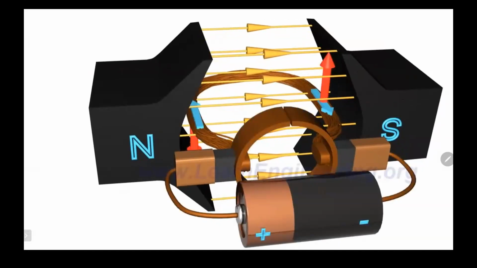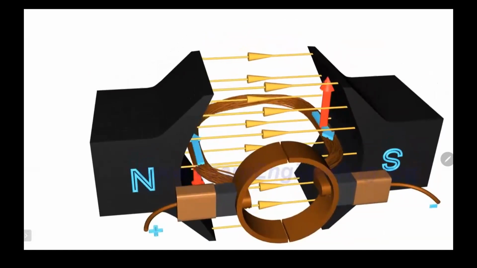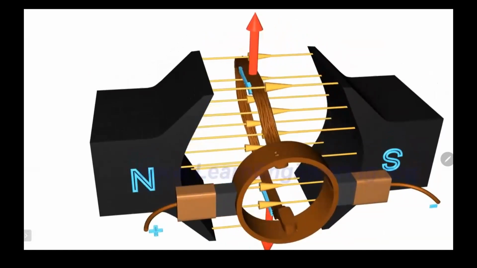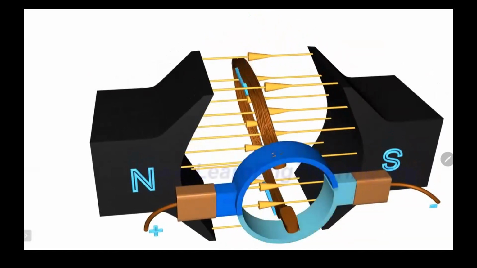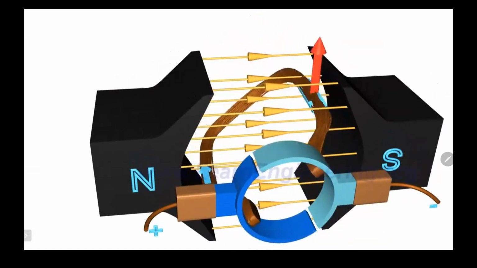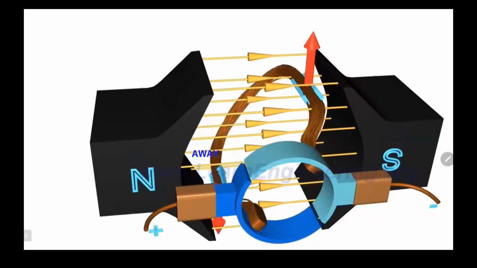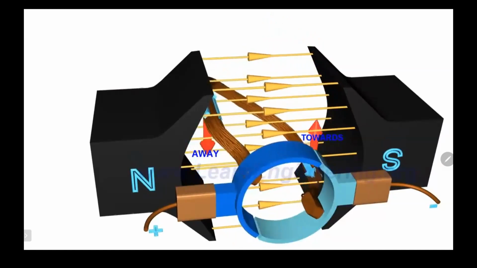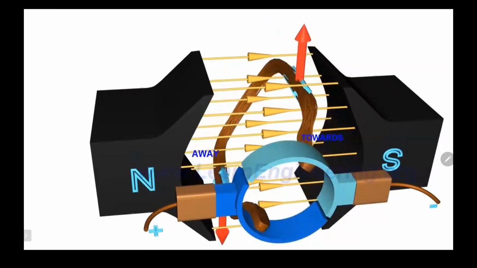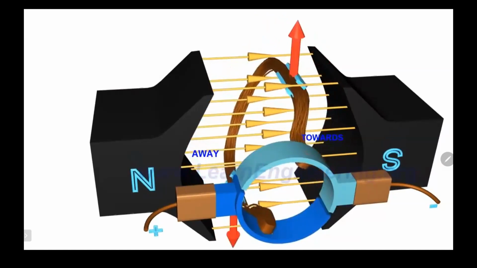The magnetic force goes up and down, so there is a torque. The torque is going to spin this loop. And when the torque equals 0, they switch the direction of the current by using the rotator. So it maintains the spinning of the loop.